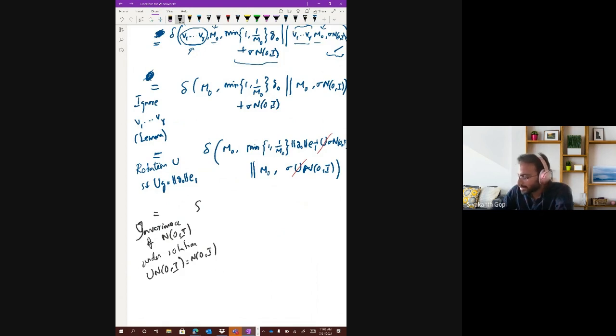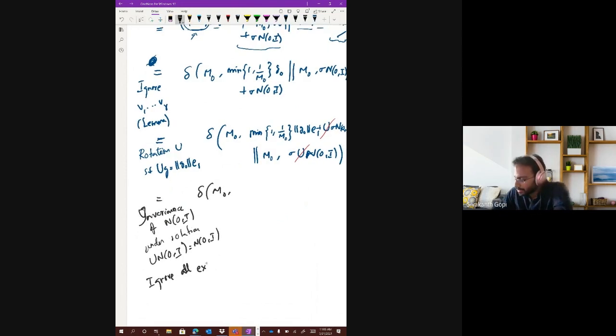So you can write this as M0. And then you can ignore all coordinates except the first one, because they only differ in the first coordinate, and all the coordinates are independent now. So you can ignore all extra coordinates.